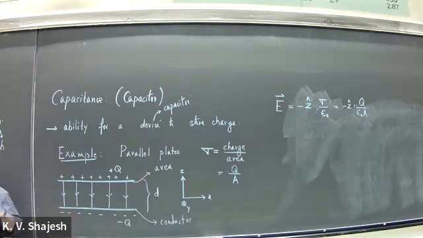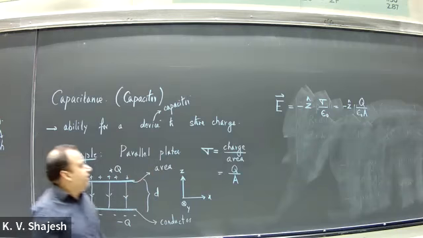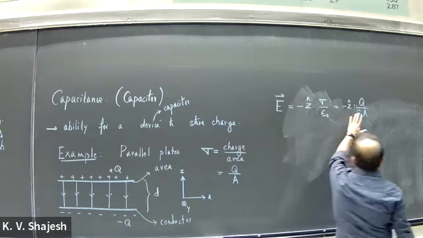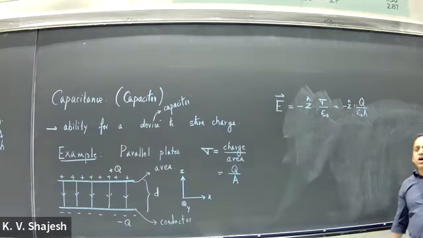The plates are characterized by charge per unit area and how far apart they are. And the electric field associated with it is given by this equation.